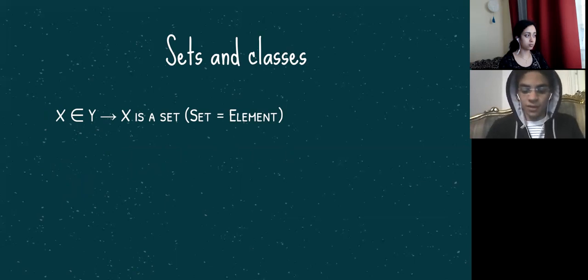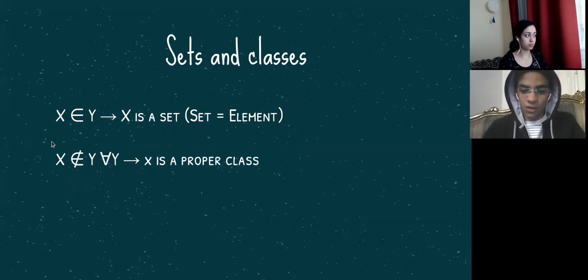If x does not belong to y for any y at all, then x is called a proper class. So simply, a proper class is a class that does not belong to anything, whereas a set is a class that can belong to some class or another.